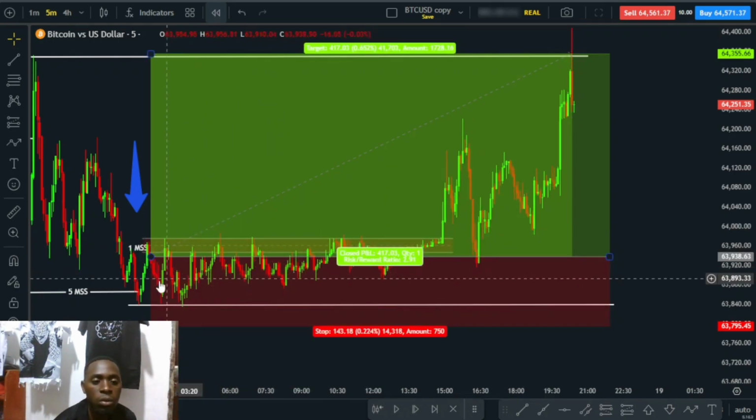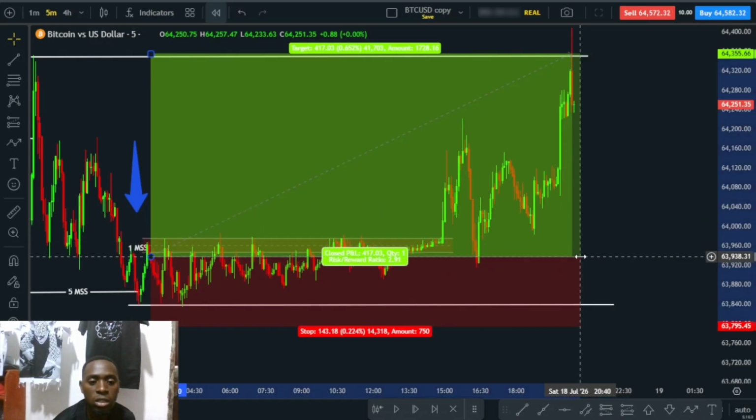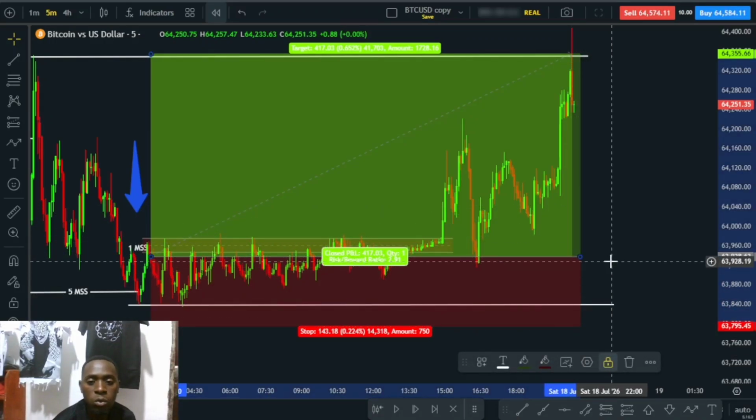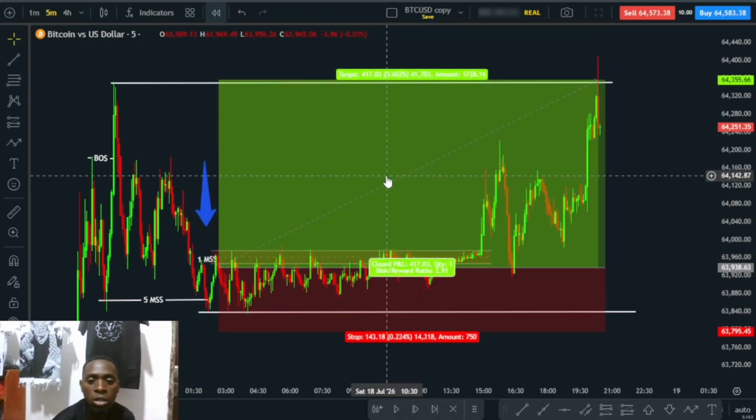Okay, the trade which I entered at 2:40 during daytime, it closed at 8:25. Okay, so guys, that's how I managed to enter that trade, and that's how it might be successful.